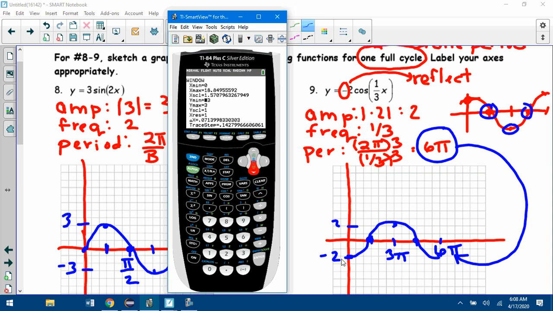And y's can go from -2 to 2. That's our range. Hit graph, and if you see this one cycle, it should be upside down because it's a reflected cosine. And you know you got it right. Good? All right, we'll do a little bit more graphing practice today, but hopefully that cleared some things up.